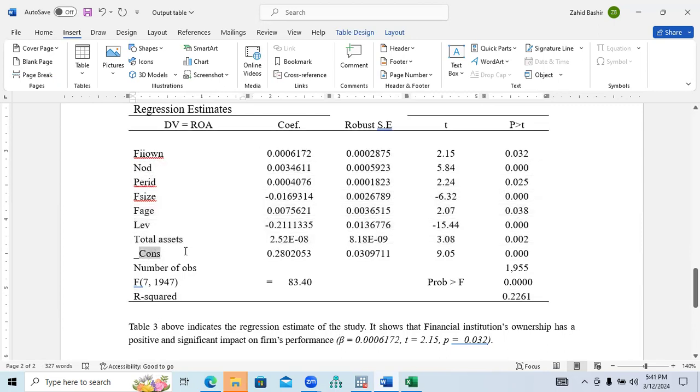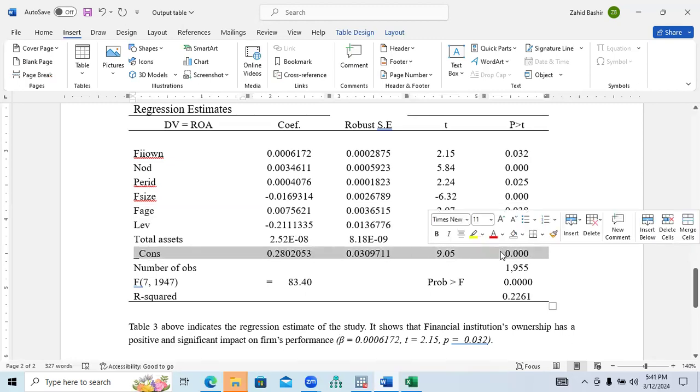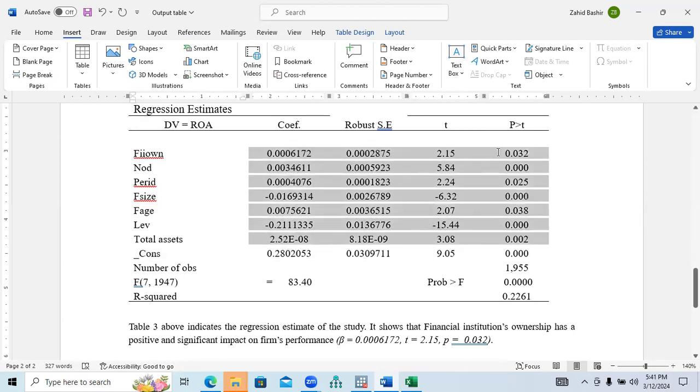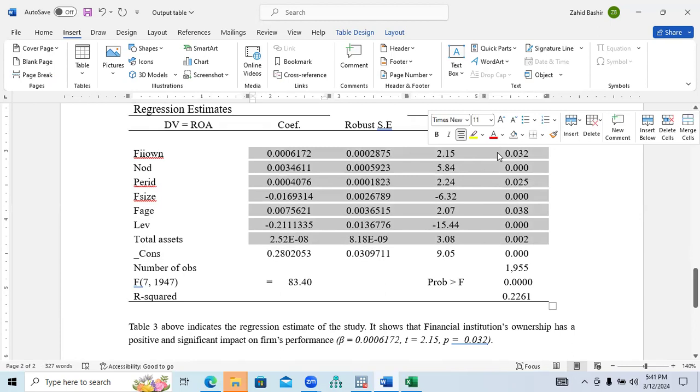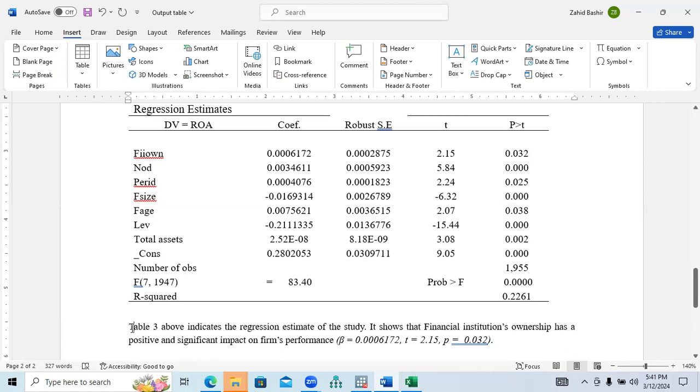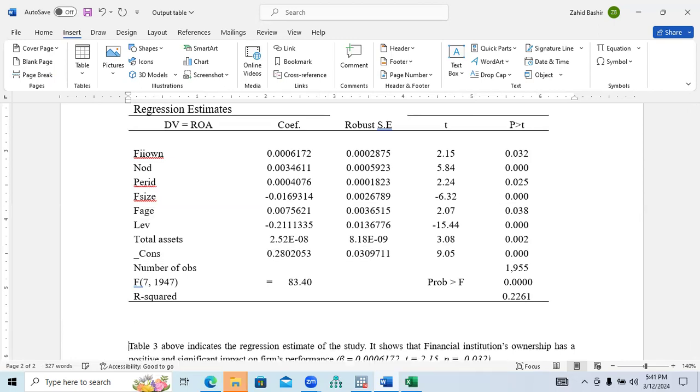Always remember that you don't need to interpret the constant. It is beta naught basically. You just need to provide the interpretation of your independent variables, whether they are significantly impacting or not. The R square value is interpreted like I would like to show you.